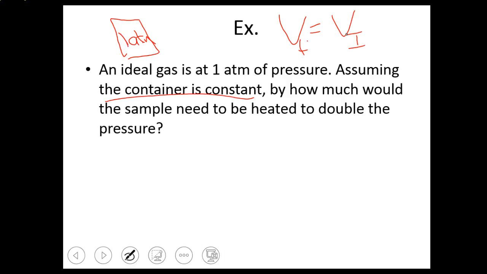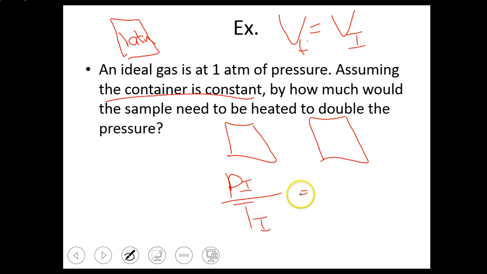Right? And so I've got this before situation and this after situation. I know that the initial pressure over initial temperature is going to have to equal the final pressure over the final temperature.